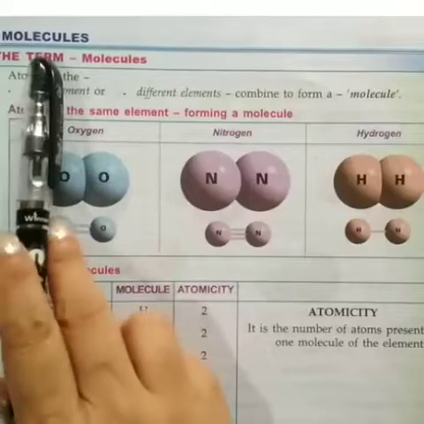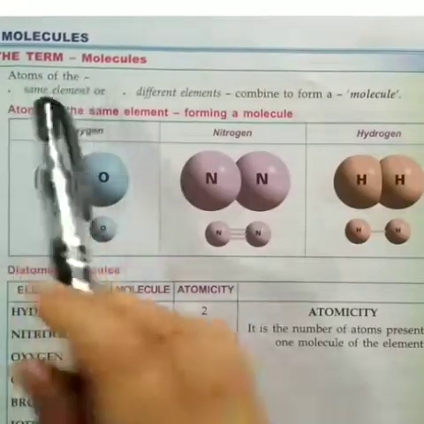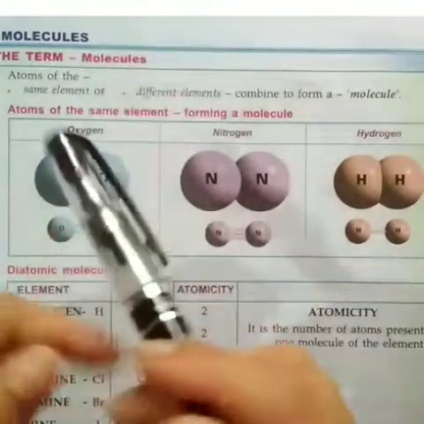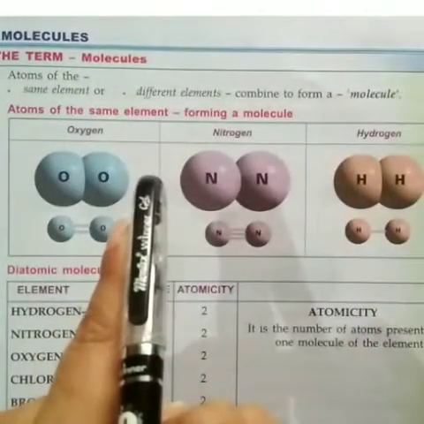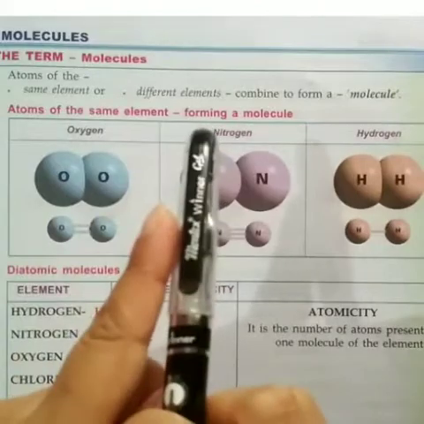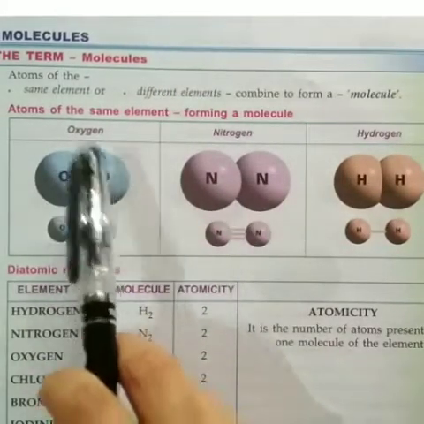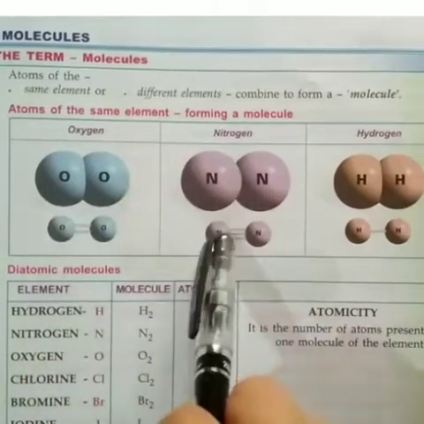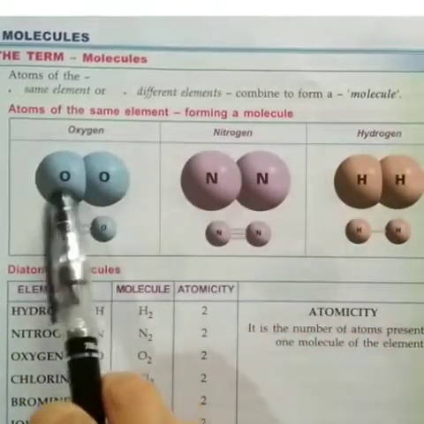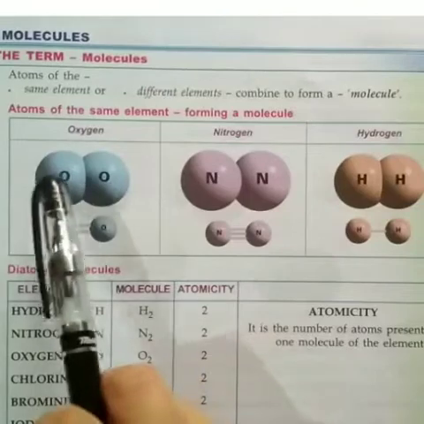Molecules. When atoms of the same element or different elements combine, they form a molecule. You can see here oxygen, nitrogen and hydrogen, and these are the atoms of oxygen.